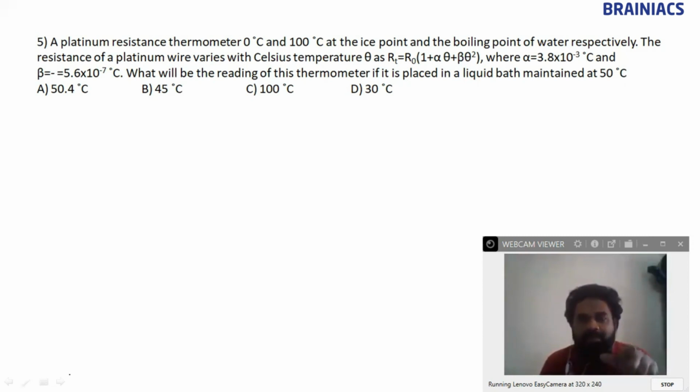Did you understand the question? Every point is given, and they are saying this thermometer is kept inside 50 degrees. So what will be the reading of the thermometer? It should be 50 degrees itself. But here they haven't given 50 in the options, so there will be some differences.